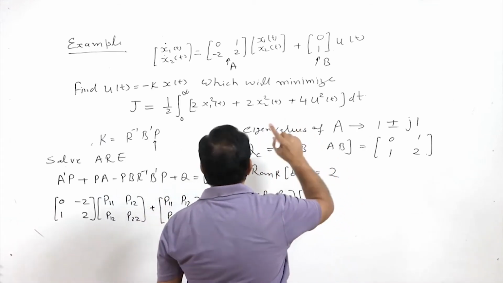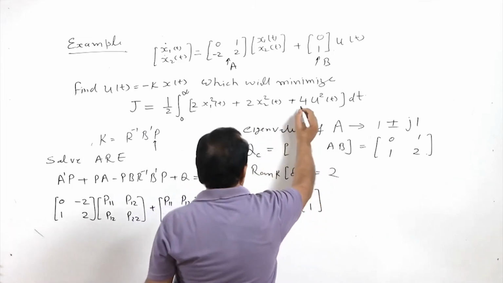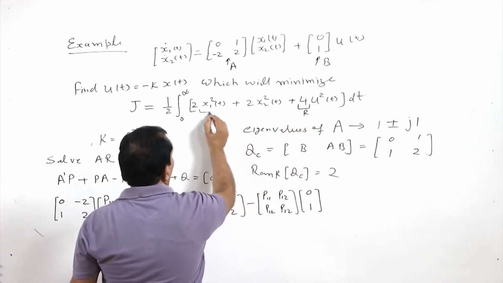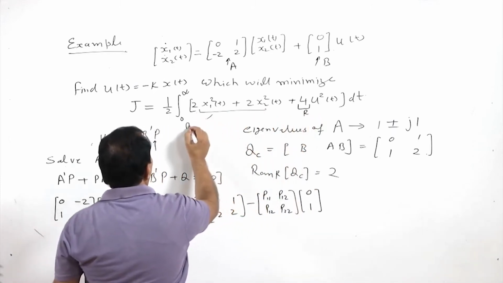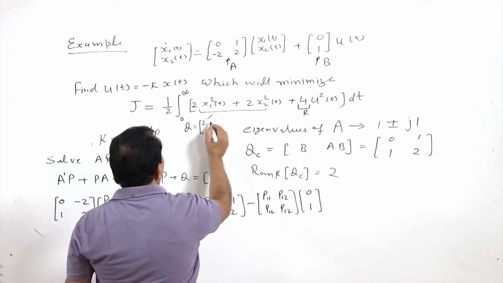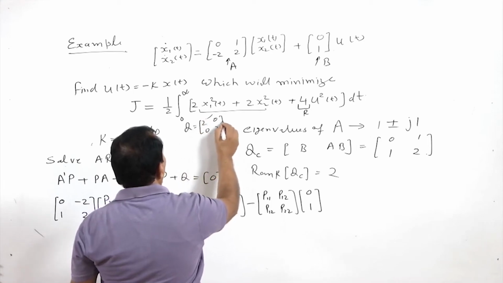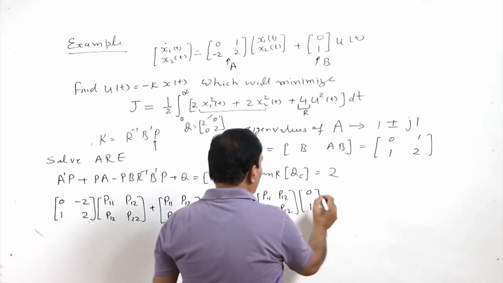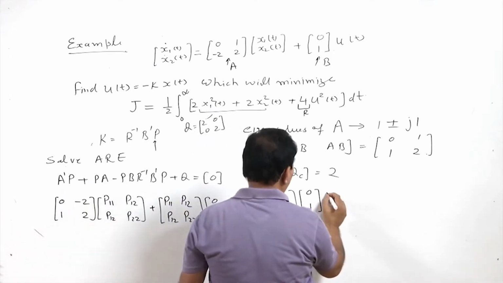What is my R? This 4 is my R, and from here I can find out my Q as 2, 0, 0, 2.